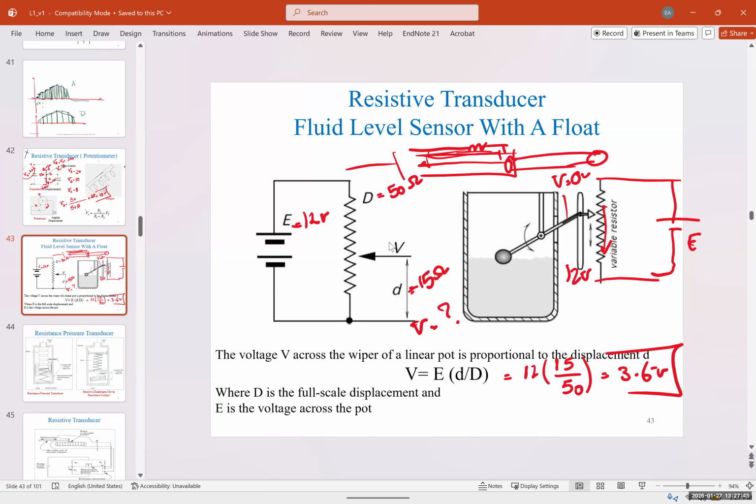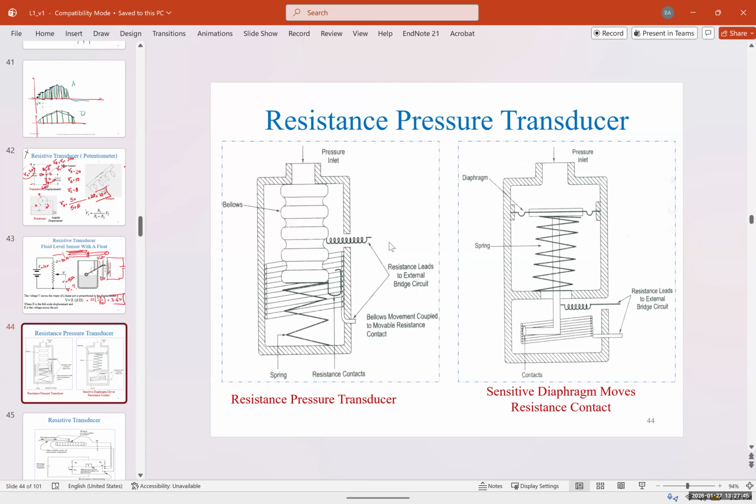Now, another application for this resistive potentiometer or resistive transducer is for measuring pressure. This is an example of a resistance pressure transducer, and you can see we use the same principles. We have a spring, we have resistance contacts, we have the resistance leads to external bridge circuits.